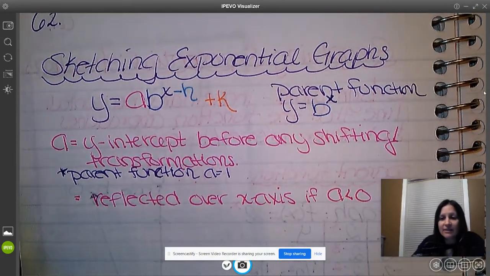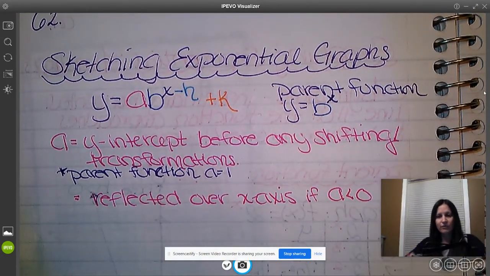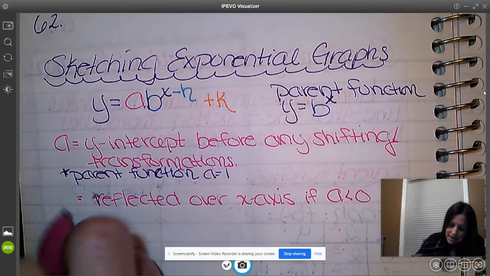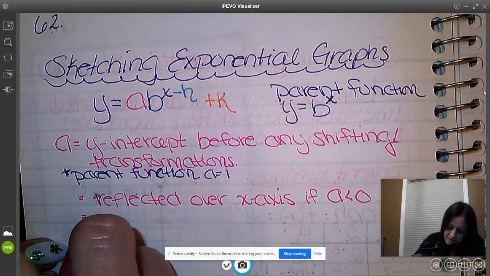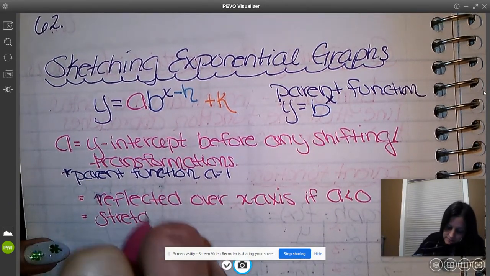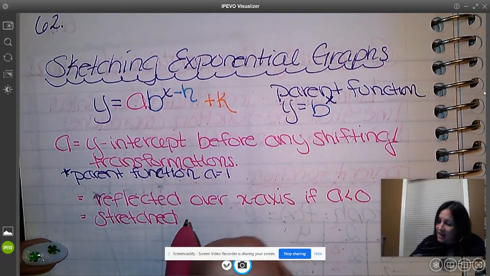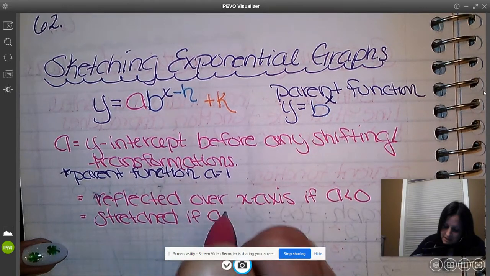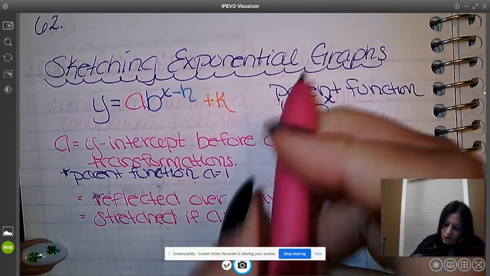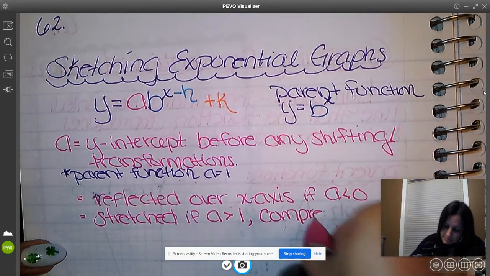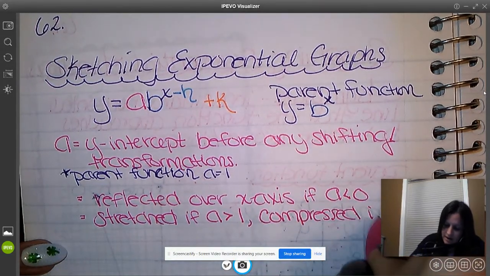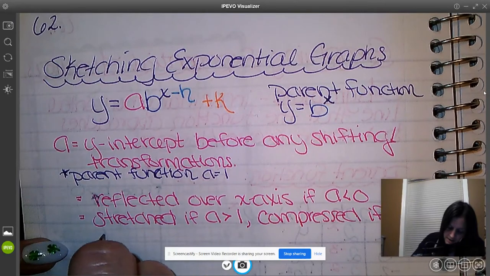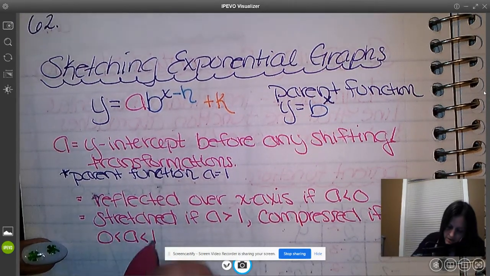So if a is negative, then your graph is going to be reflected over the x-axis, just like when we did absolute value functions. It's also going to tell you if your graph is stretched, and that is if a is greater than 1, or compressed if a is between 0 and 1.